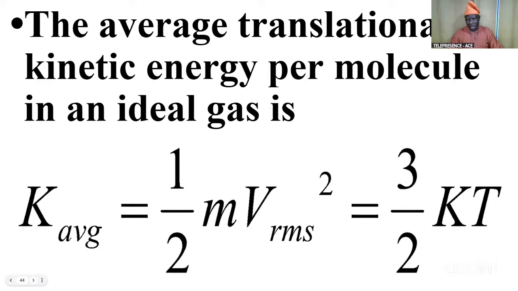Then it is required, from this expression, that you make m, small letter in that expression, the subject of the formula. Okay? And so at the same time, you can say K average is equivalent to 3/2 kT.